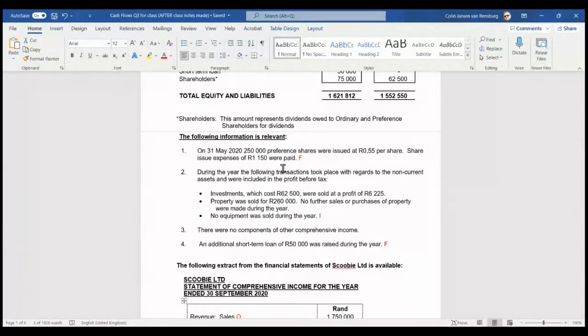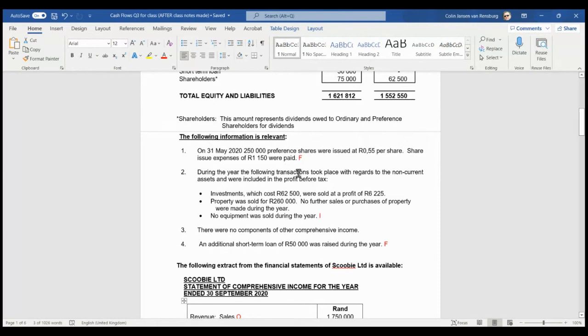That is why it is not seen as an expense that we have to go and adjust for, because it is not shown as an expense in our statement of comprehensive income. It is an amount, it is a cost, it is an expense, but we use it to reduce the capital value of the issued share capital.